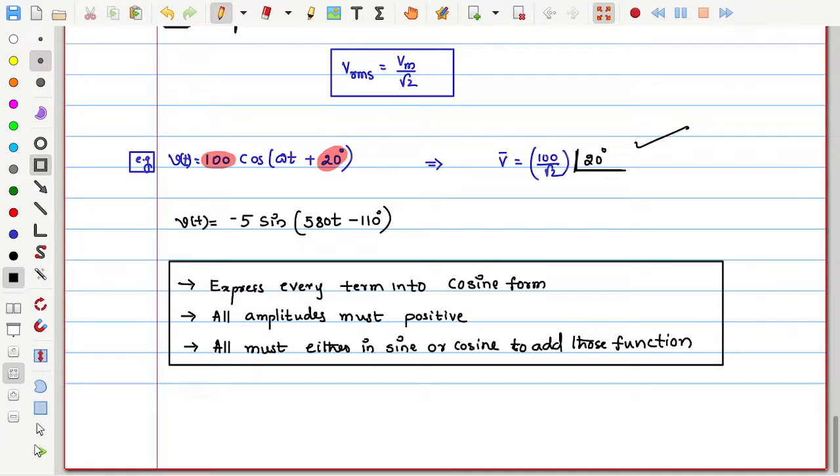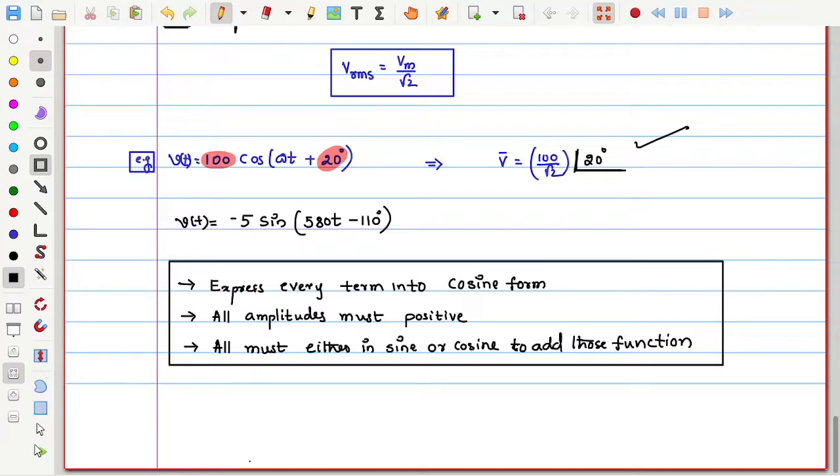We express everything into cosine form, all amplitudes must be positive, and if we have more than two terms, with one in sine and the other in cosine, we should convert everything into either sine or cosine. But ultimately I need the cosine form only.